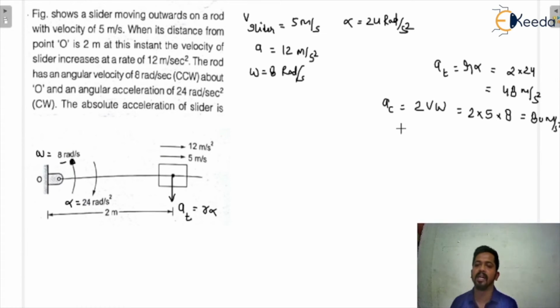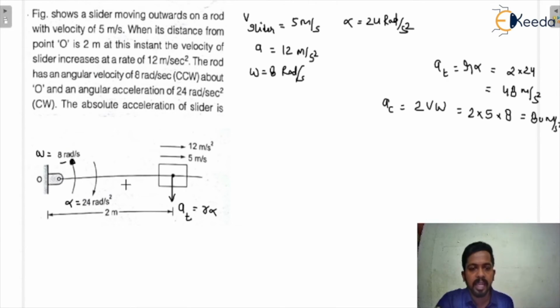We have calculated the Coriolis acceleration as well as the tangential acceleration. Now we need to determine the direction of the Coriolis acceleration. I already told you how we can determine it. First you need to identify the sense of omega, whether it is clockwise or anti-clockwise. Then we rotate the v vector, that means the sliding velocity of the slider, by 90 degree in the same sense of omega.